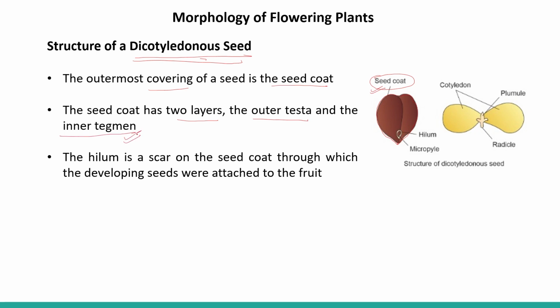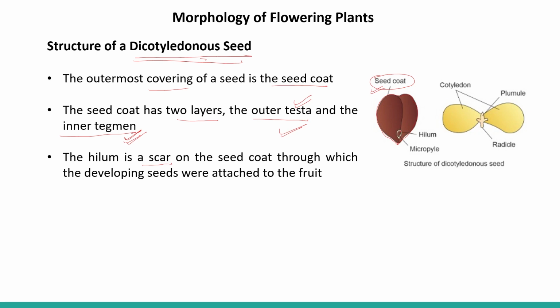This is very important from the examination point of view; sometimes these things can be asked in the examination. So the outermost layer is the testa and the inner layer of the seed coat is called the tegmen.